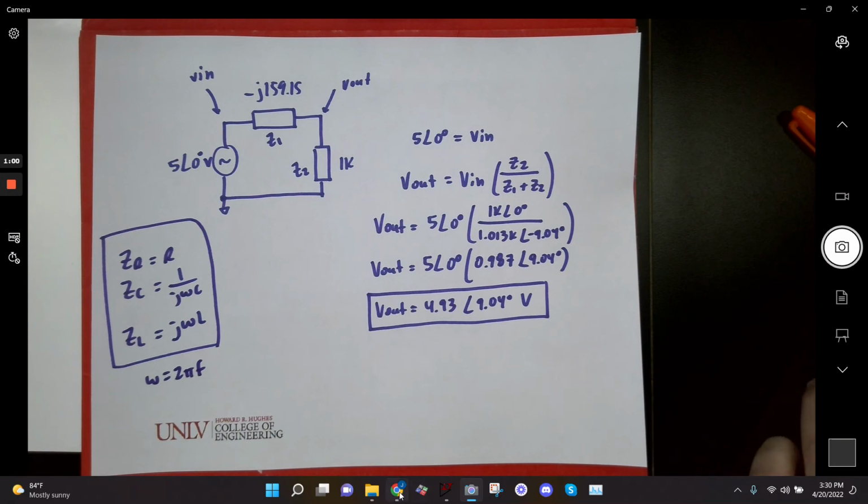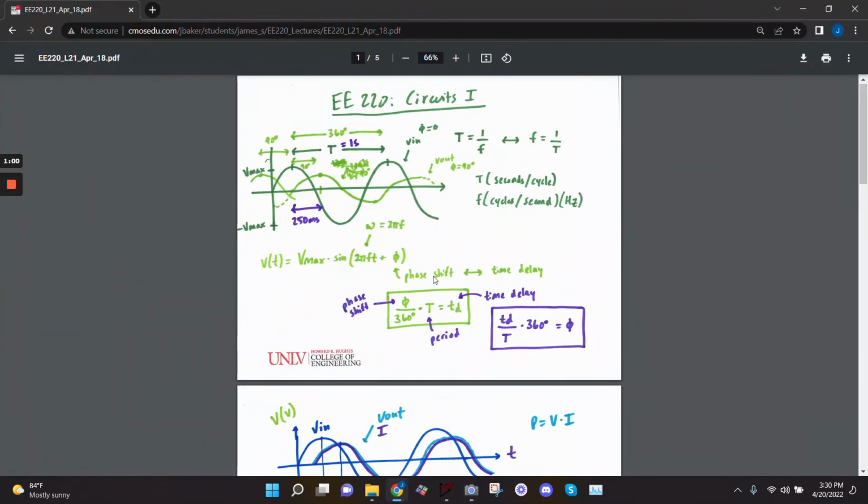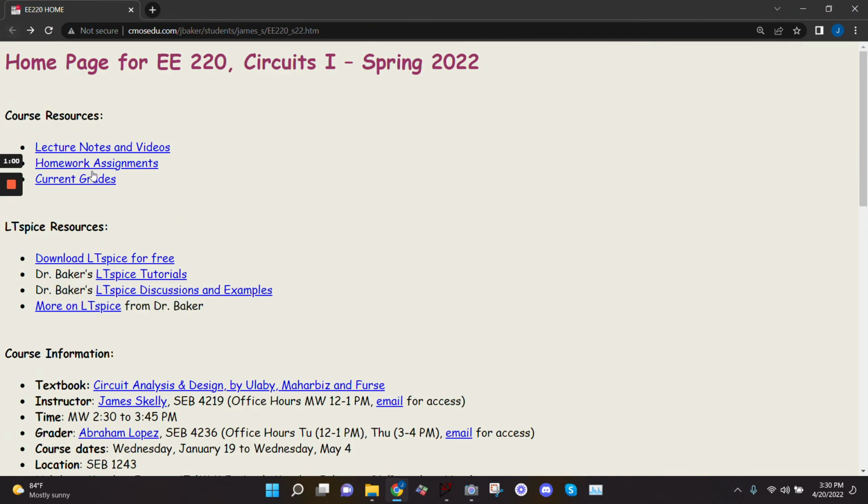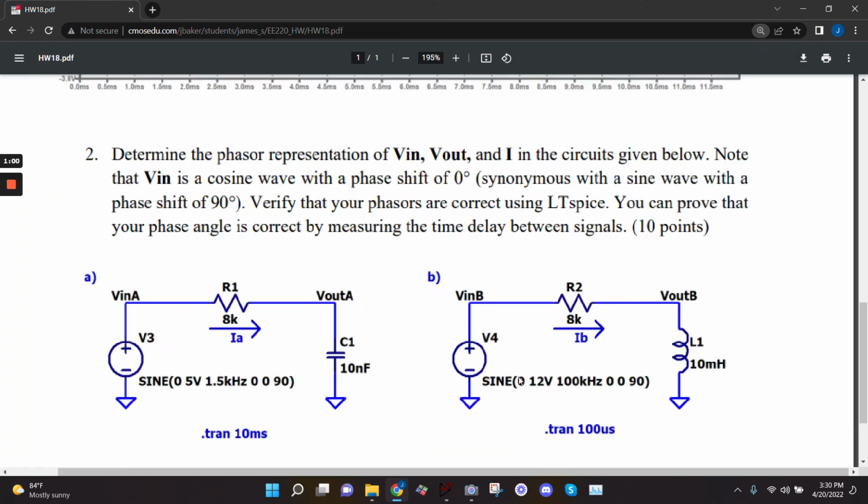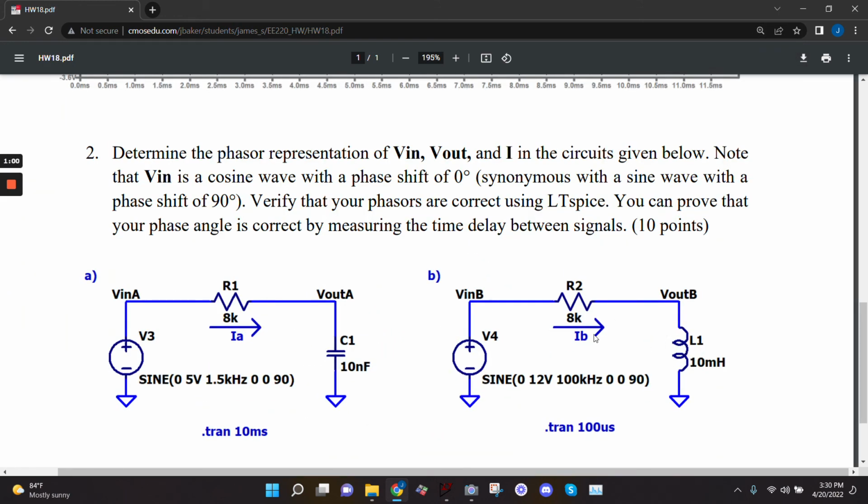On the homework, when you go to do this other problem, you're going to see an inductor, and so you'll go through this same process, right? Except this inductor's impedance is going to be j times 2 pi times 100K times 10 millihenries, and then that'll be your value, all right?